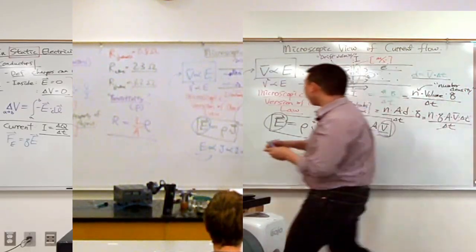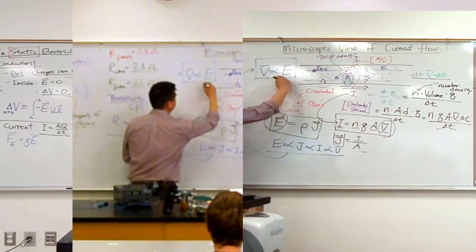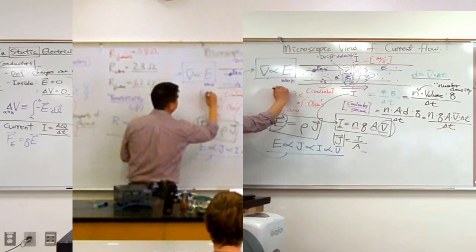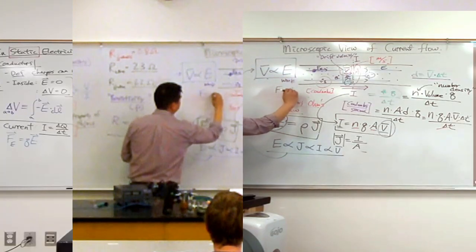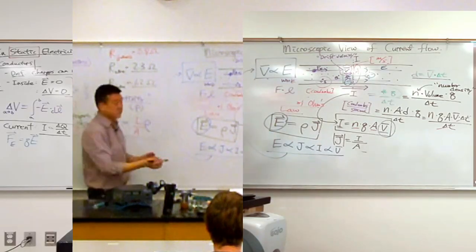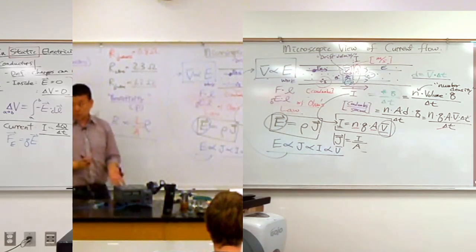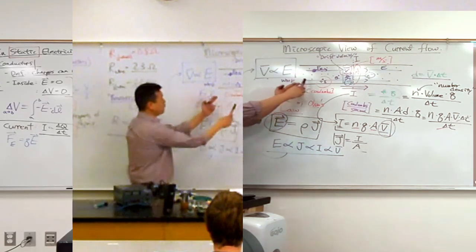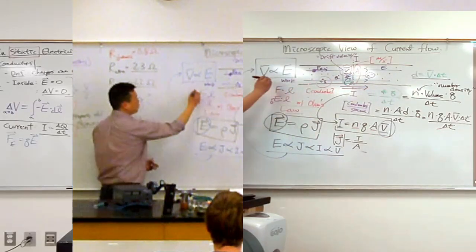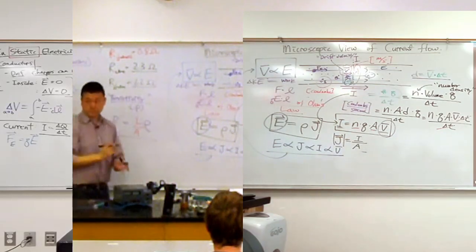That would be force times the length that you are moving the charge across. Force is the electric field times the charge, times the distance you are pushing the charge across. Now, if energy is conserved, the amount of work you are putting in should equal the change in kinetic energy, right?